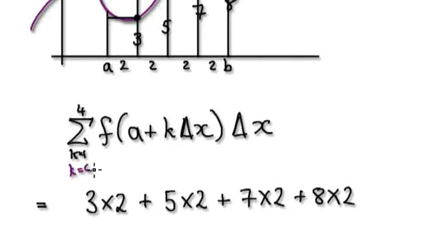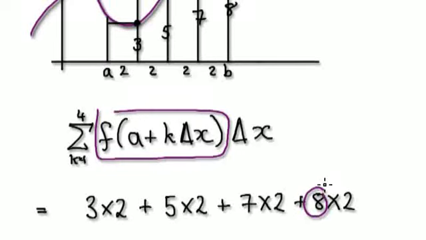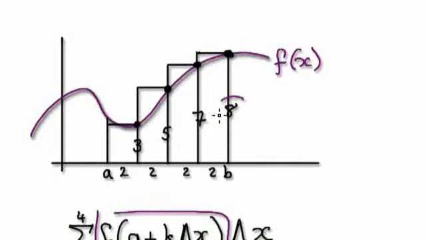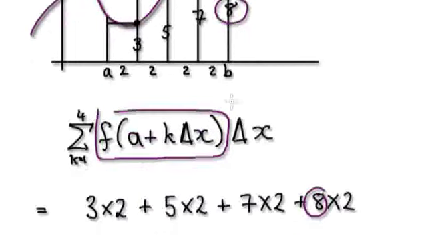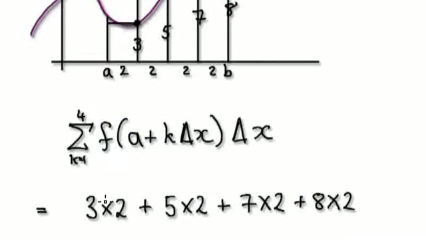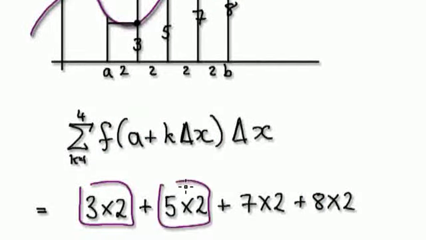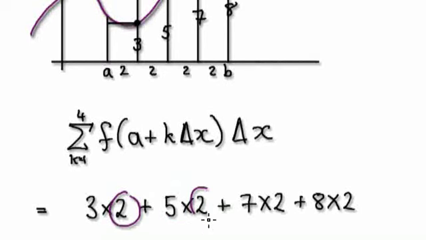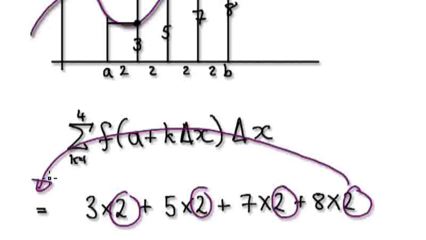Now when you increase this again to 4, put the 4 into the k here, then this whole thing here will be 8. That's this height here. So the point here is that when you sum up all of these, you can see that 2 is in common with all of them. So you can actually take the 2 out.